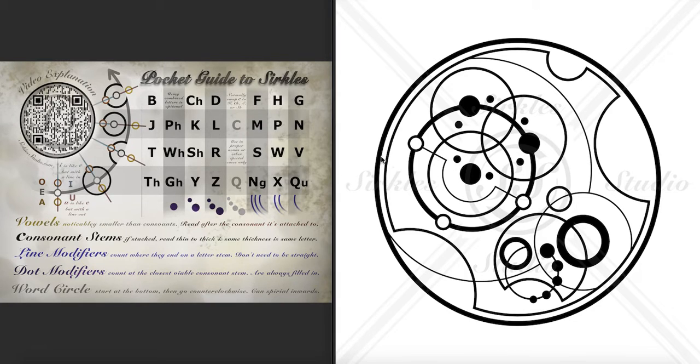So let's go ahead and read it. Here's the bottom of the word circle, and this is not in the center of here. It is slightly towards the bottom, showing that it belongs at the bottom, which is why this is our very first letter. And we have to look at what dots are fully inside this stem. These 1, 2, 3 dots are inside this stem, making it an L. So L, then we continue around.